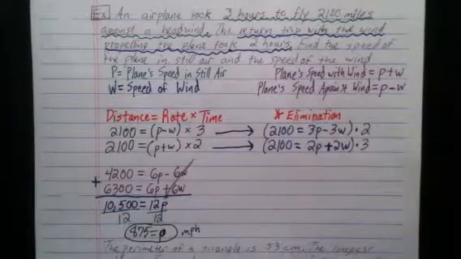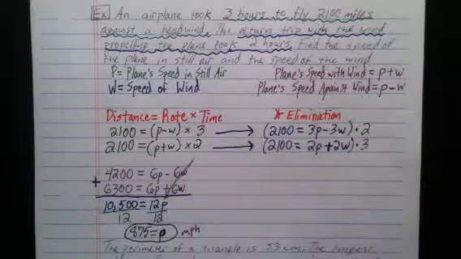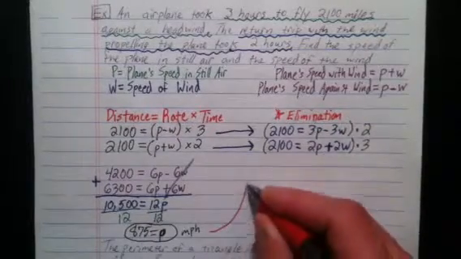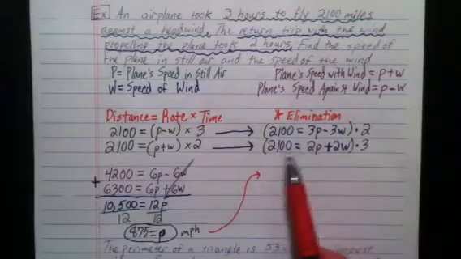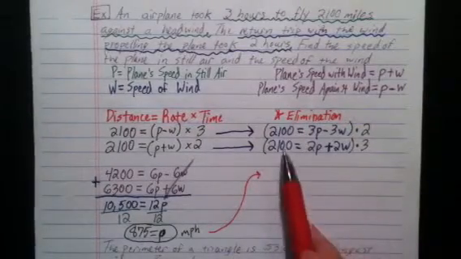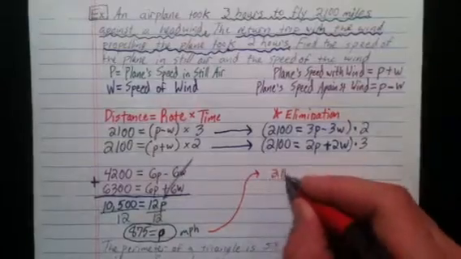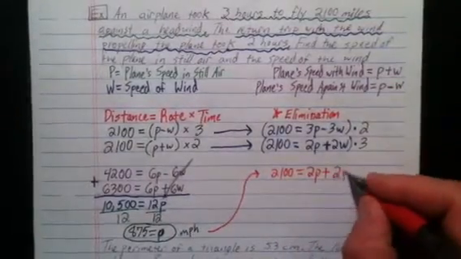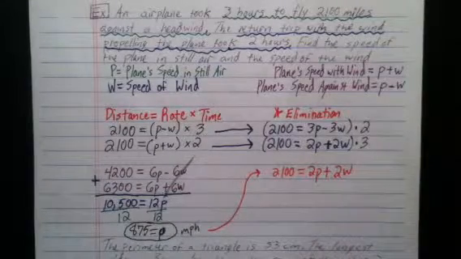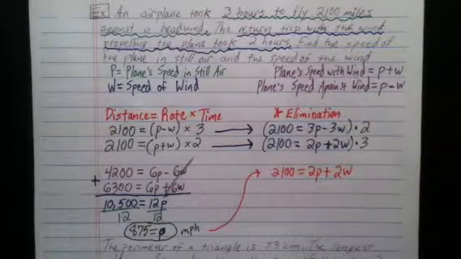It really doesn't matter. I would say use one of the original equations that you had created. So let's use this 2100 equals 2p plus 2w. Let's use that equation.